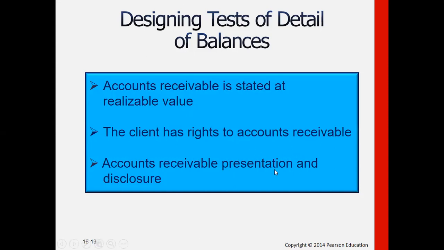For presentation, for accounts receivable, normally they are within the normal operating cycle, therefore current. Disclosure, we have to make sure though, because it's possible that accounts receivable could be pledged, in which case we have to disclose that. Pledging means the accounts receivable in general is being used, no specific one, as a collateral for loans. But if there is a specific AR that has been assigned, you call that assignment.